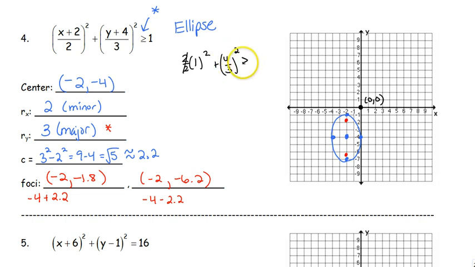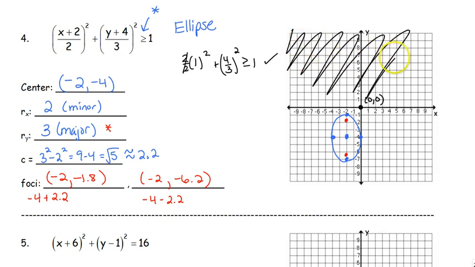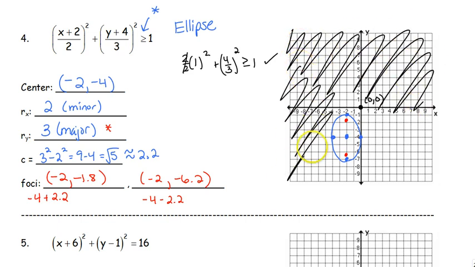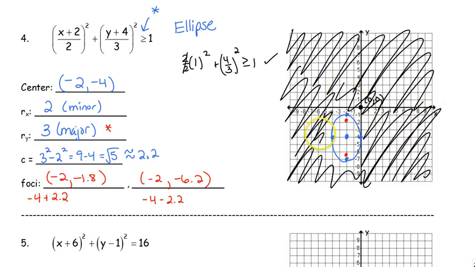I want to find out, is that greater than or equal to 1? Well, yes, this right here is 1 squared. I'm adding another number to that, so yes, that is true. Therefore, 0, 0 is part of the solution set, which means that is the direction that I'm going to shade. So I'm shading everywhere outside of the ellipse.